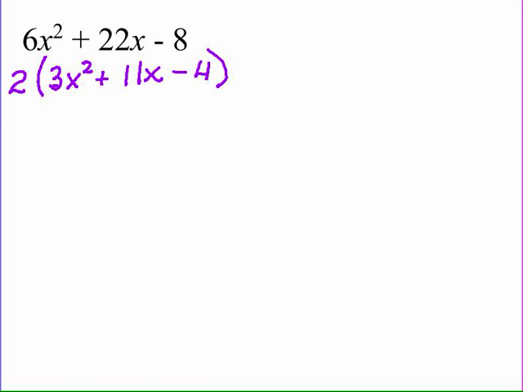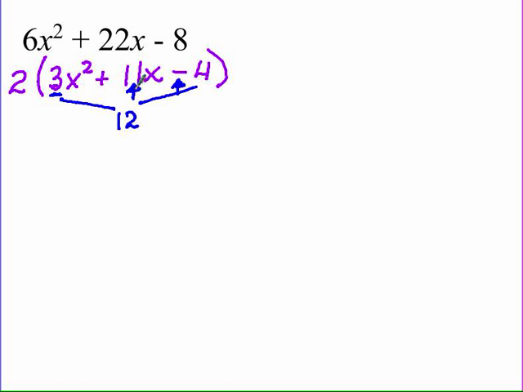After I've taken that 2 out, I need to look at my x squared term. Is that 1? Nope. So now I have to multiply first and last. So 2 factors of what? 2 factors of 12 that differ by 11.